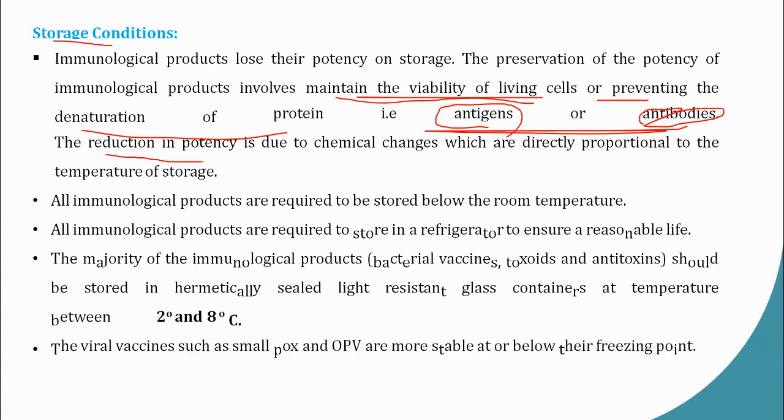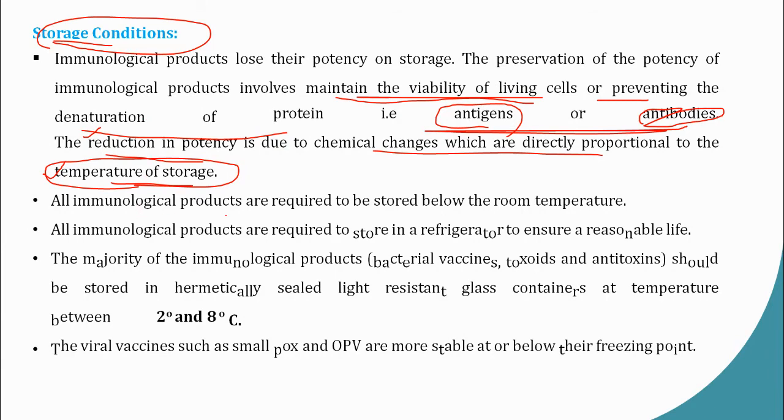The reduction in potency is due to chemical changes which are directly proportional to the temperature of the storage. If not properly stored, there will be a reduction in potency because of the chemical changes taking place. Therefore, the temperature plays a very crucial role in the storage conditions.